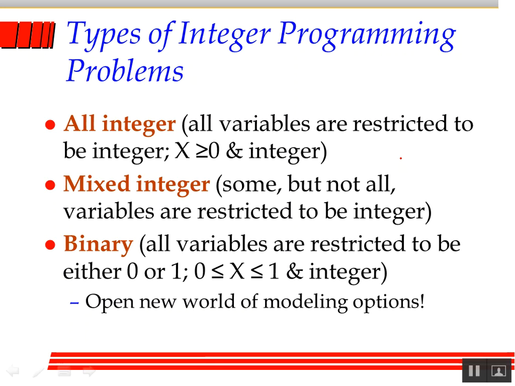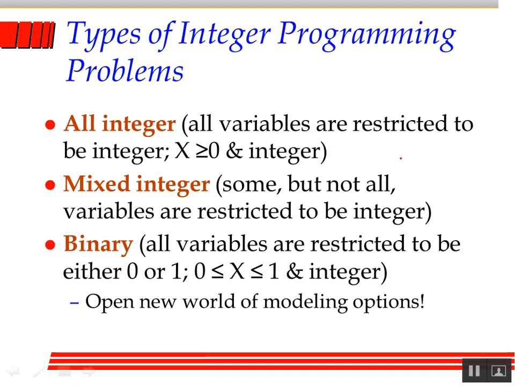The third type is called binary, which is one kind of integer problem. In a binary problem, all variables have to be either 0 or 1.